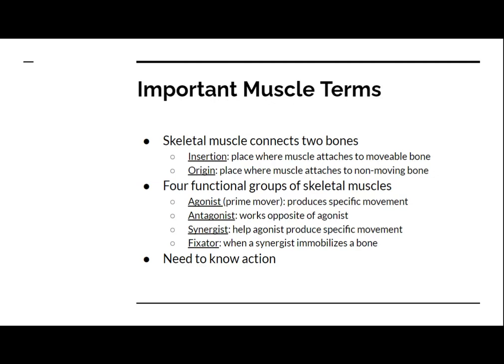You also have the synergist. And that helps the agonist produce that specific movement either by just stabilizing the joint or by actually aiding in that movement itself. But it's not the primary mover. It's just helping that. And a fixator is when the synergist actually immobilizes a bone so that the specific movement can be produced.